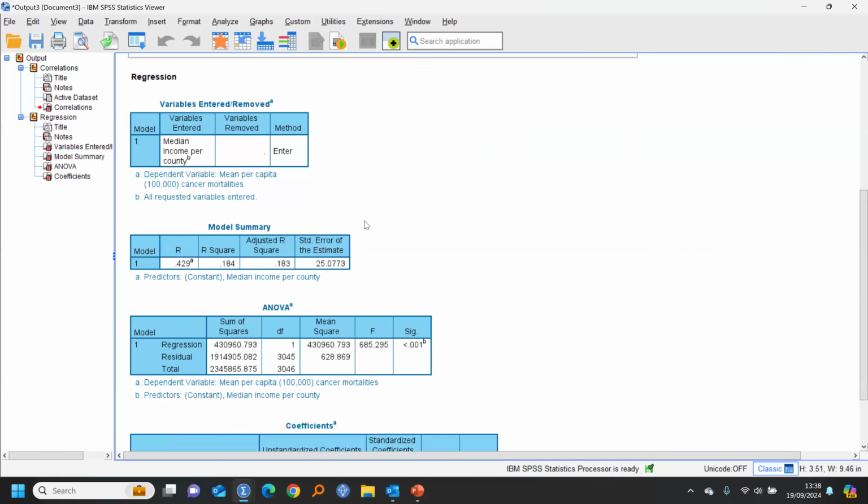Here it ignores the direction. It's basically the same as the correlation. It is the correlation. It's the R value. And as I say, if we square that, it comes out as effectively 0.184, which is 18.4%. So it means 18% of the variation in per capita cancer mortality can be predicted using median income per county.